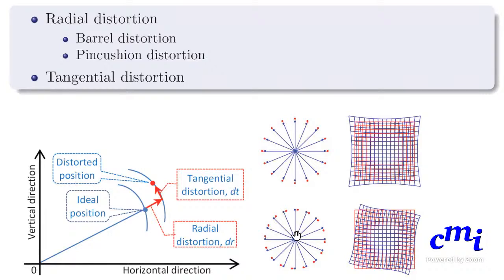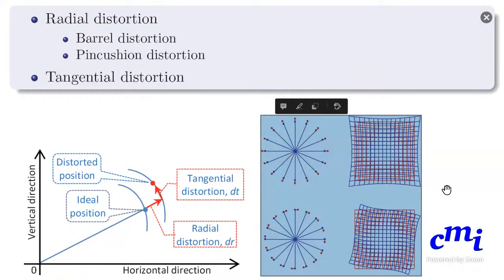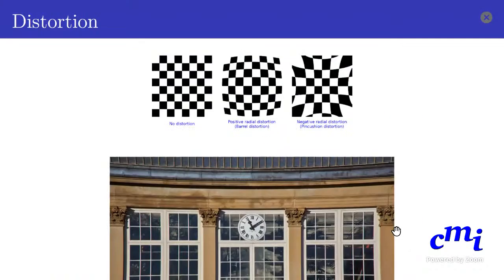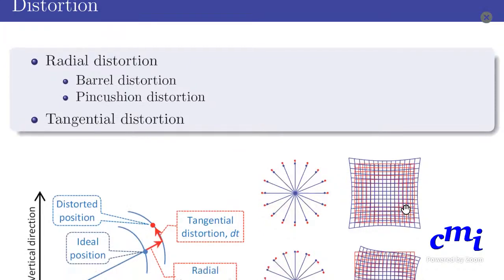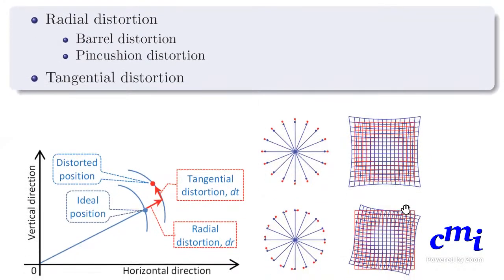So the effect is like this. Again, these blue points are the ideal positions and red points are the actual positions. The effect for the image is what you see here. This grid is sort of tilted to one side.